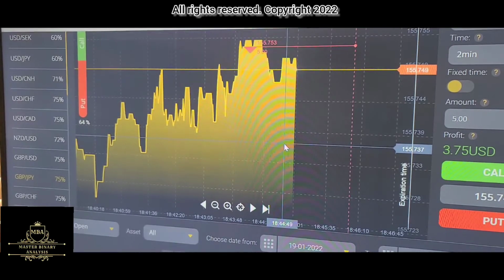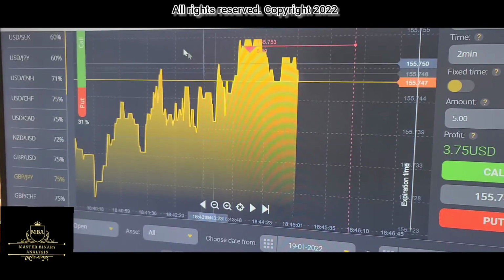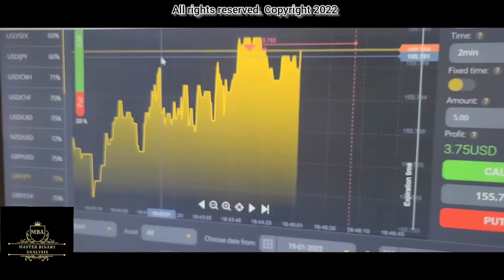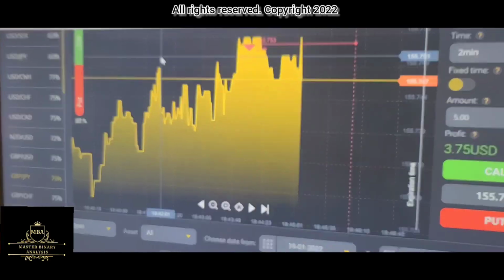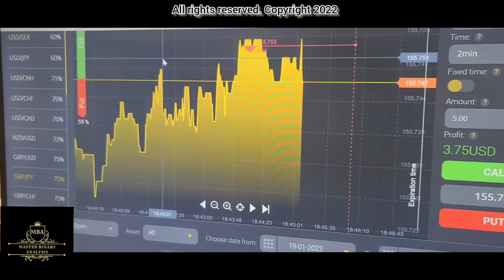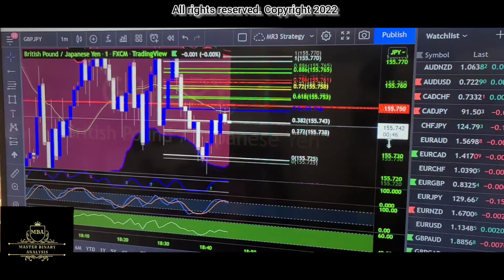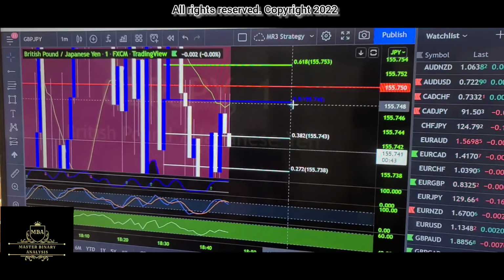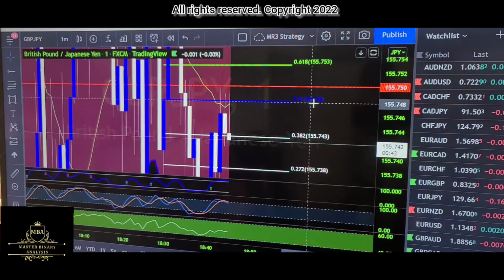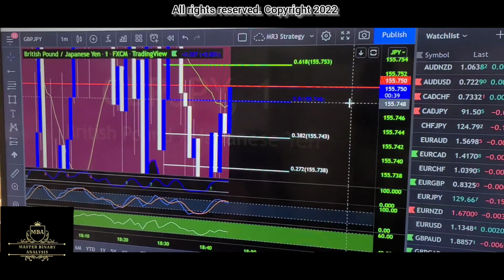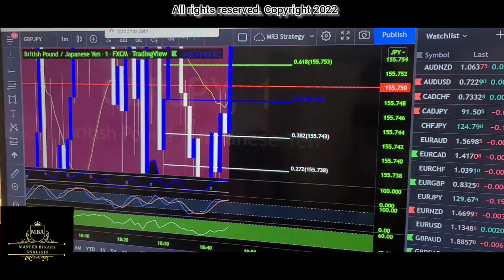So I primarily do this 2-minute strategy in the evening. So again, we look for a Fibonacci level that I love. So we got the 0.5 Fibonacci level, and now it's going to probably go back.